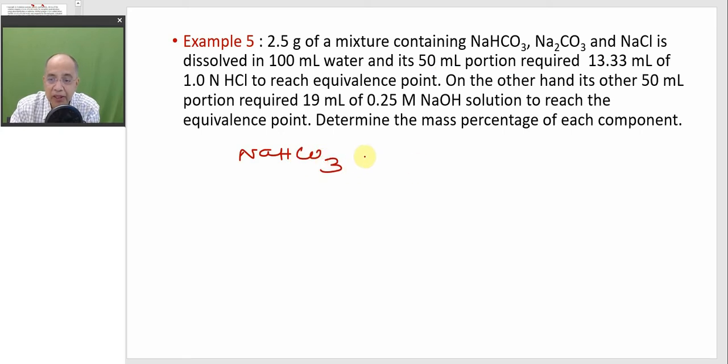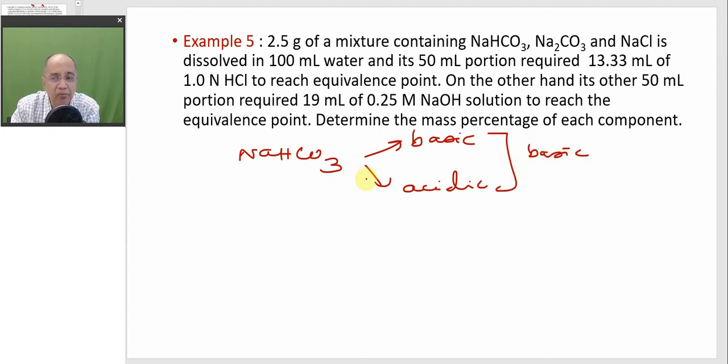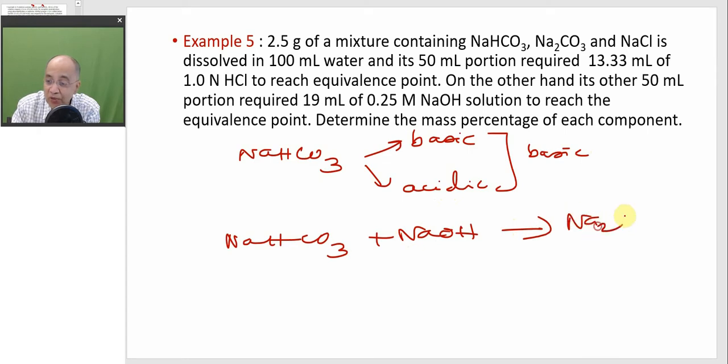Sodium bicarbonate is really basic, but it has still one more acidic hydrogen atom. So it is also acidic, but the net property, as you know, is basic. Since it has an acidic hydrogen atom, it will also react with NaOH or any base to give you the normal salt Na2CO3 plus water.